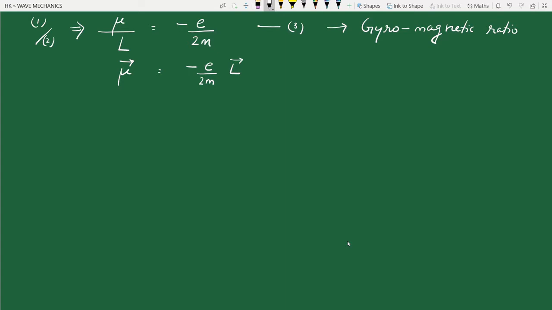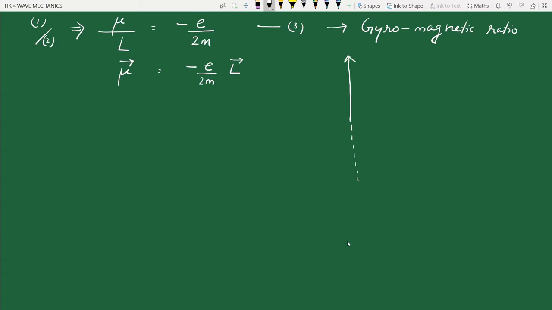So we can see that for the electron in the hydrogen atom, the orbital magnetic dipole moment and orbital angular momentum are in mutually opposite directions. Why? Because of the negative charge of the electron. Suppose we apply a magnetic field. Usually the direction of the magnetic field is taken as the Z direction.